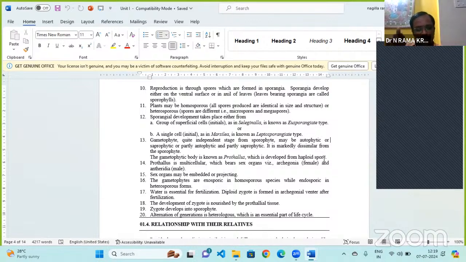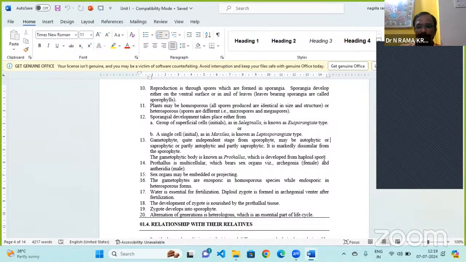So the homospores grow upon the soil surface and form an independent plant. All these developments we call exosporic generations. The second one is quite opposite. What is the opposite? That is the endosporic generation.